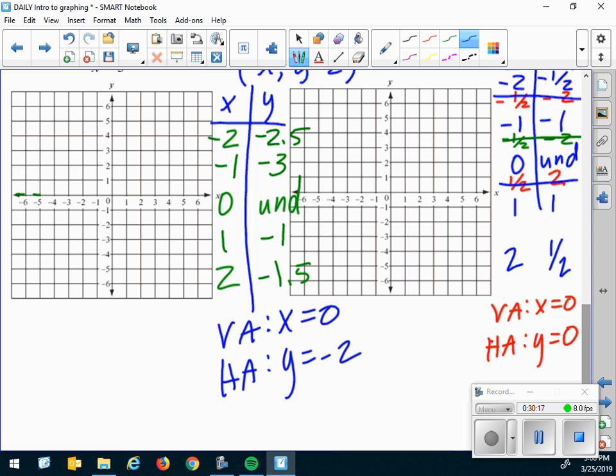Dot in your asymptotes. X equals 0. Y equals -2. And then let's plot those points. -2, -2.5, -1, -3, 1, -1, and 2, -1.5.